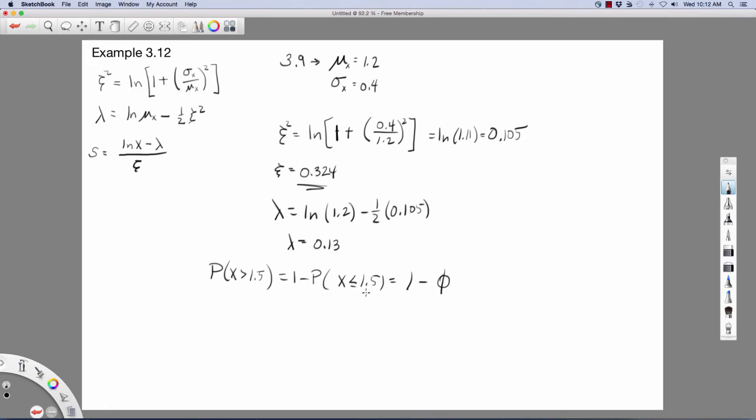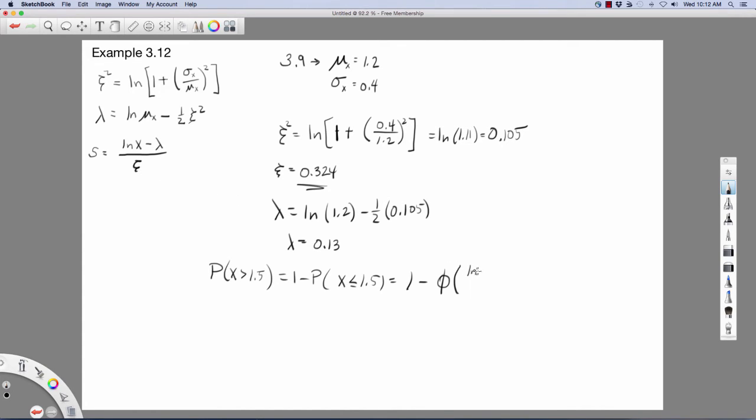Before, with the normal, we had simply the CDF function of x minus the mean divided by the standard deviation, but now we're forming this into a log normal, so we need to use the definition given before of s, which is the natural log of x minus lambda divided by zeta.